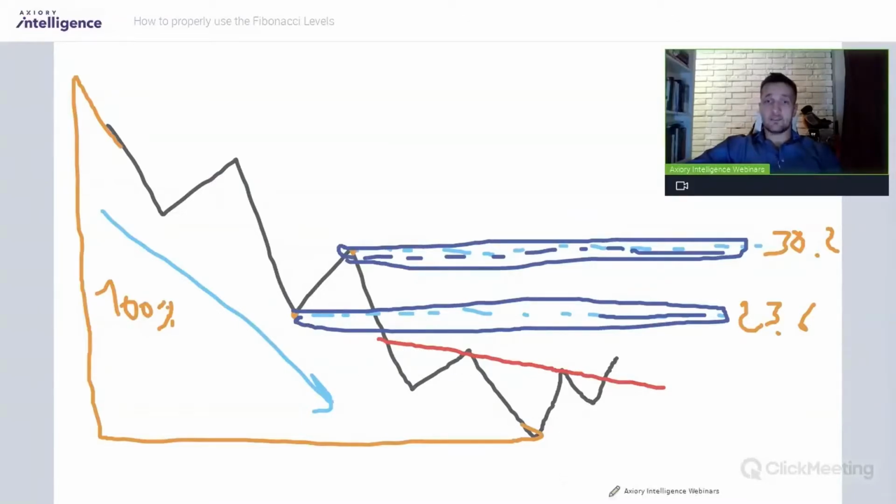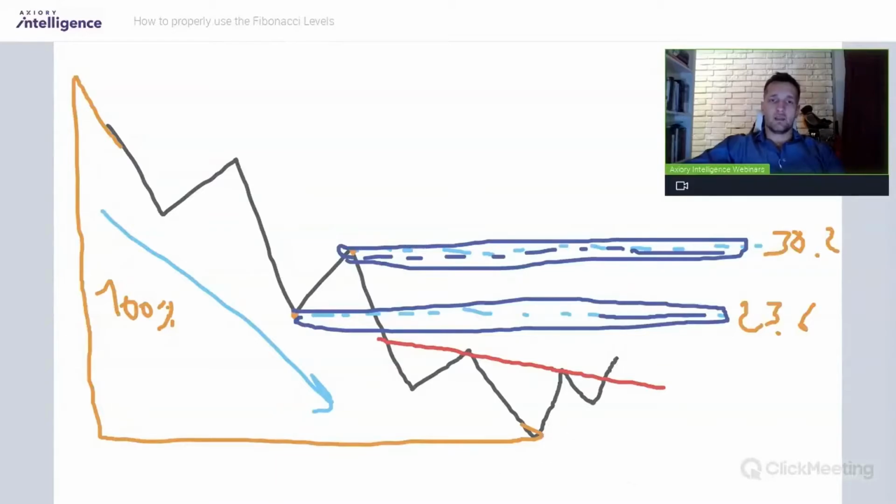And it very often works. When you see that old Fibonacci, new Fibonacci is in the same place as old support or resistance, it's a really, really good trading occasion.